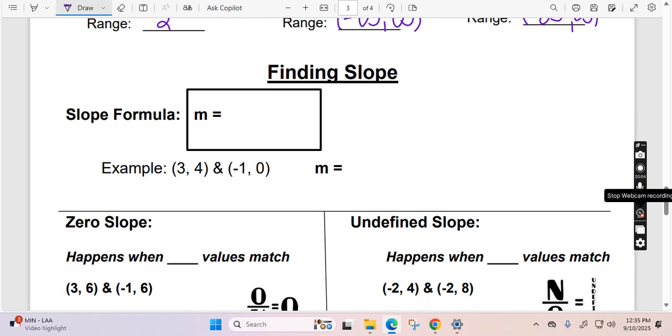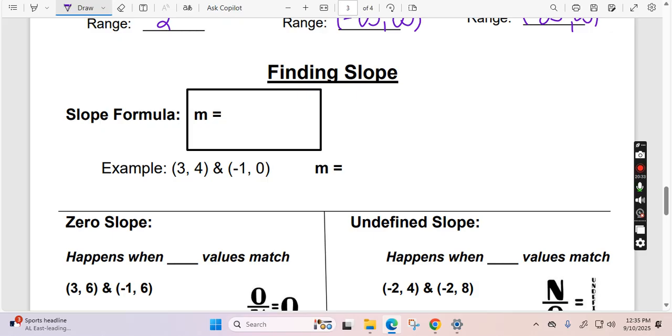Somebody tell me what the slope formula is? Nobody remembers what the slope formula is. Has anybody ever heard of y2 minus y1 over x2 minus x1?